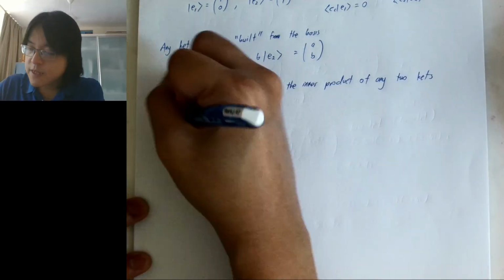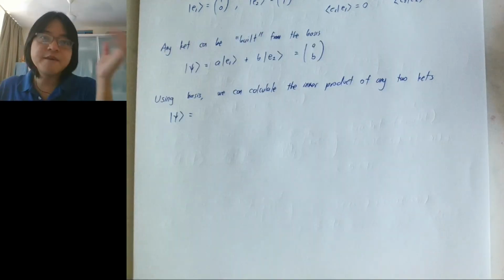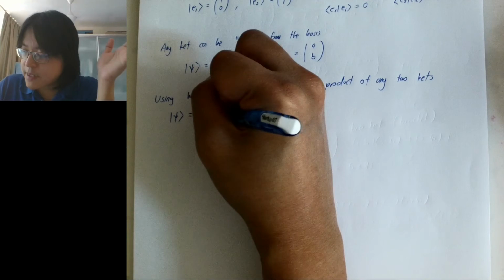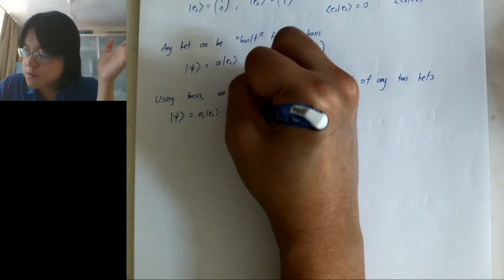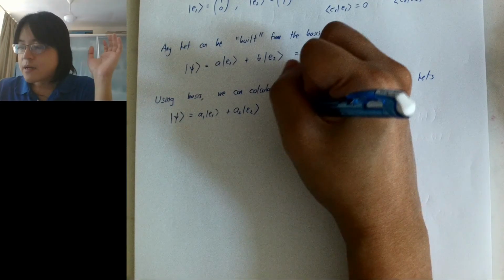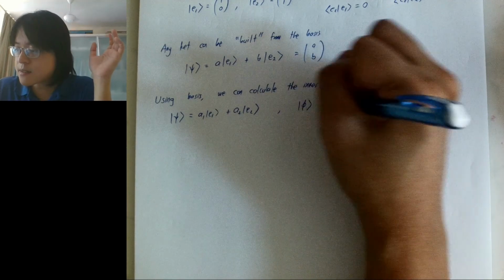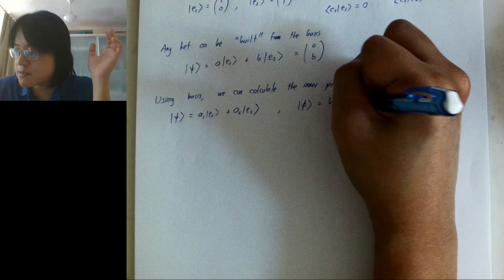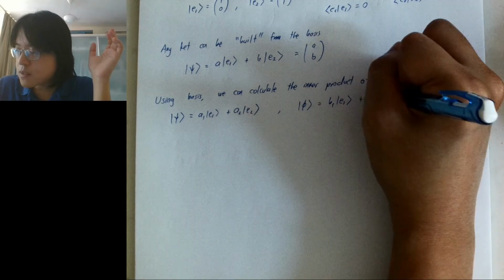Let's give one example. Let's say the first state is arbitrary, A1 E1 plus A2 E2. Let's stick with 2 dimensions, and let's take another state psi, B1 E1 plus B2 E2.